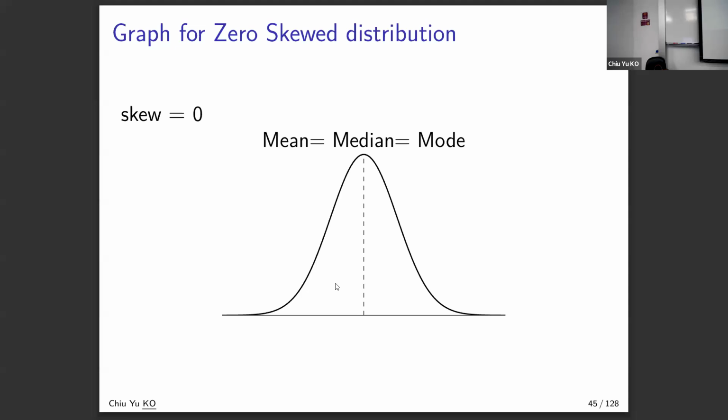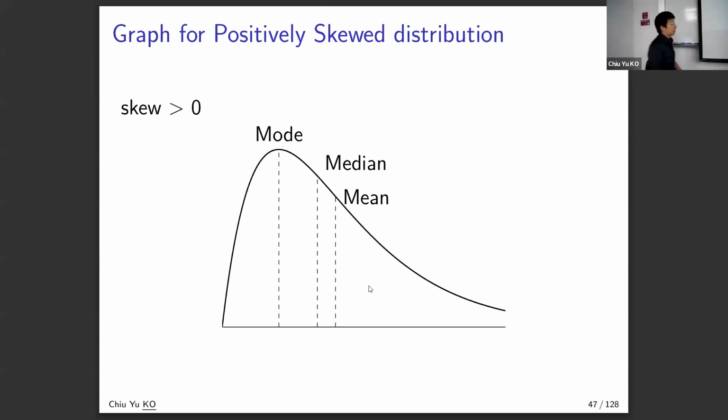It's more or less the bell curve that you used to learn. In many cases, this fits a lot of data, and that's fine. But sometimes data look like this.